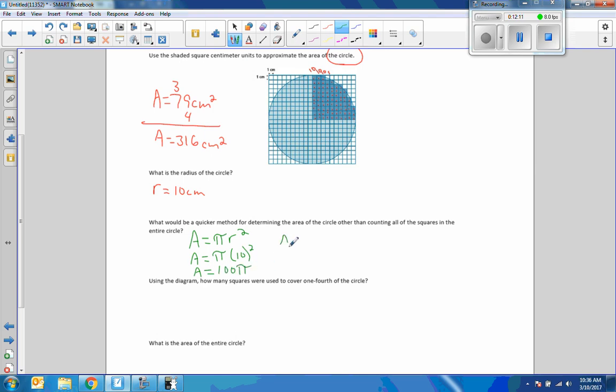Well, pi is 3.14 approximately because it's rounded. So if I take 3.14 and multiply it by 100, that moves the decimal 2 places to the right, and it leaves me with an area of approximately 314 centimeters squared. So if you look up at our estimate by counting the squares and multiplying by 4, we're only off by 2 square centimeters, which is pretty close.